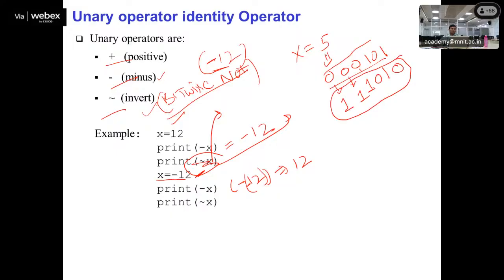Although we took x to be 5, what should be the outcome here? Now by looking at this bitwise inversion operation, which follows the 2's complement, we say that this is known as the rightmost bit, and this is known as the leftmost bit.